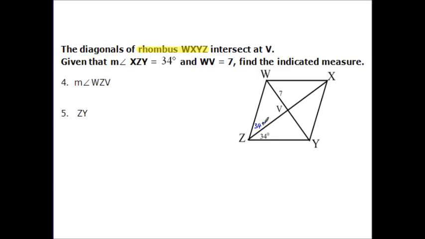And as a matter of fact, we know that the two opposite halves also have to be 34 degrees. We also know that in any parallelogram, diagonals bisect each other. So if this diagonal is bisected by the other one, WV is 7, then VY also has to be 7.